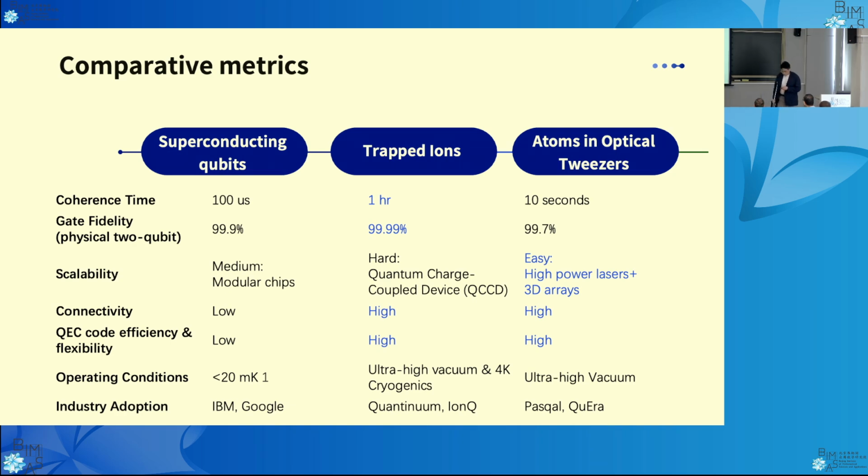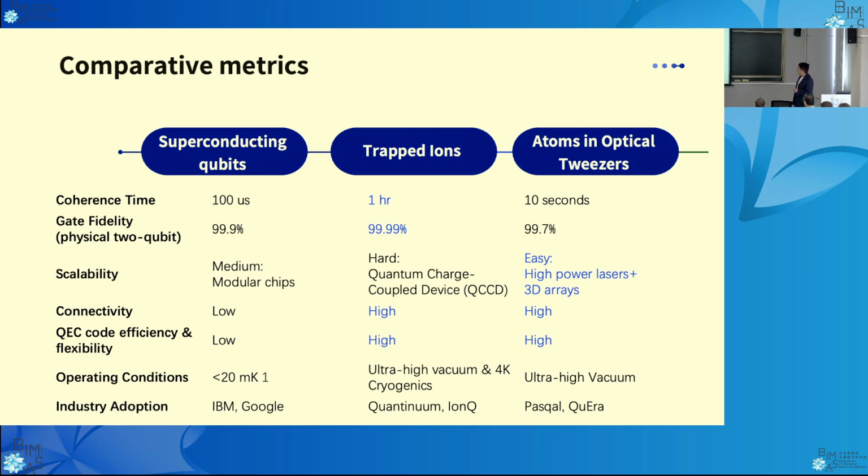So 4 nines is not quite good enough, at least in our digital computing model. The most difficult challenge for ion traps is scalability. Currently, the state-of-the-art by Quantinuum, the US company, is based on an architecture called the quantum charge coupled device, which I will talk about in a little bit.